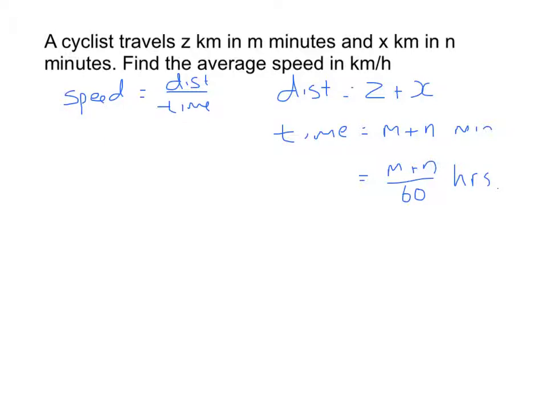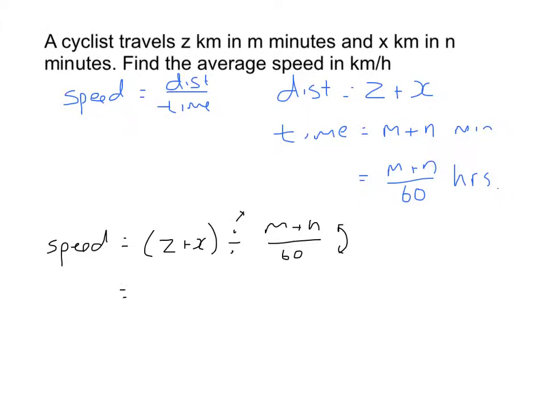Now, to work out our little equation, speed is distance over time. So we're going to have our distance, z plus x, that's going to be divided by our time of m plus n over 60. Now, if we divide by a fraction, we flip the second term upside down and we make this a times.